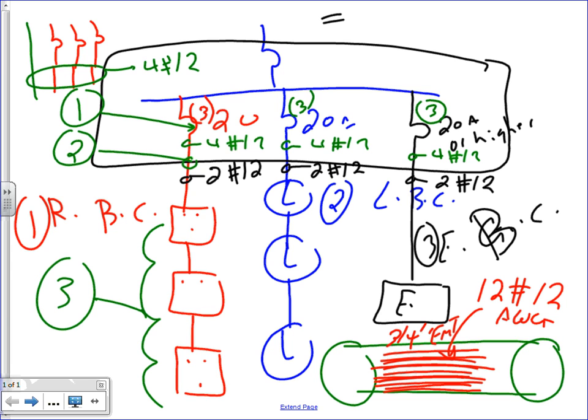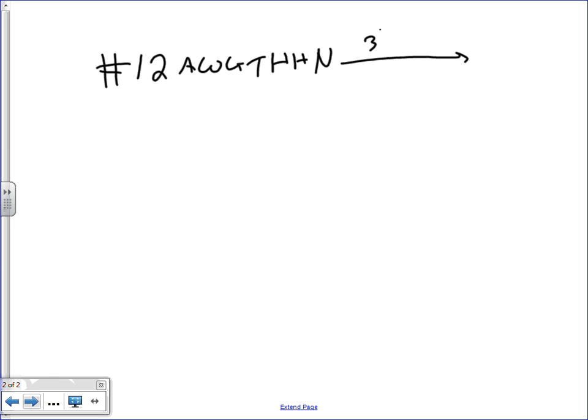If you take number 12 AWG THHN to 310.15(B)(16) under the 90-degree column, you are going to get 30 amps. Cool? 30 amps out of this conductor. Now, that's under 90 degrees for derating.